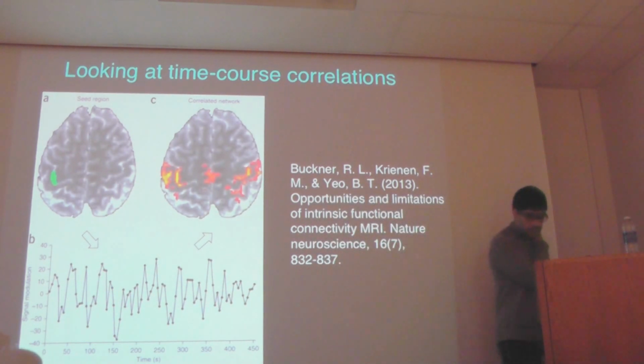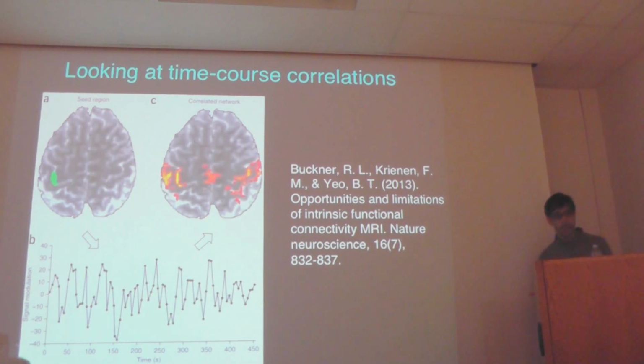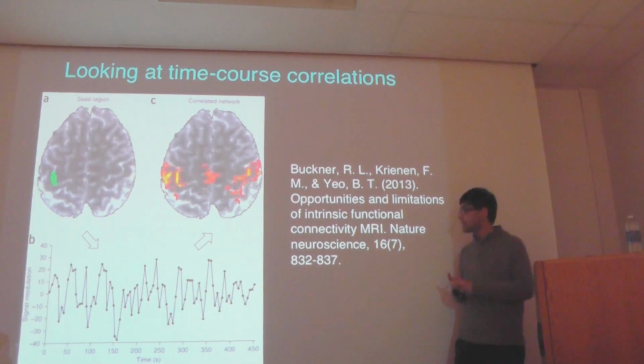Now remember that we've talked about how fMRI is kind of a slow measure, and the reason it's slow is because you're not directly measuring neural activation, which changes on the time course of milliseconds. You're measuring the change in blood oxygenation, which takes several seconds.